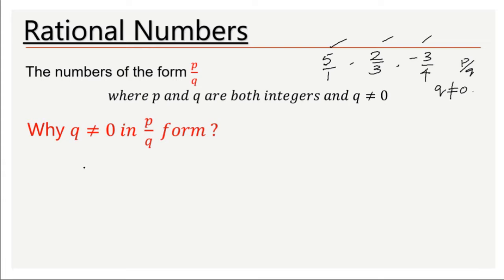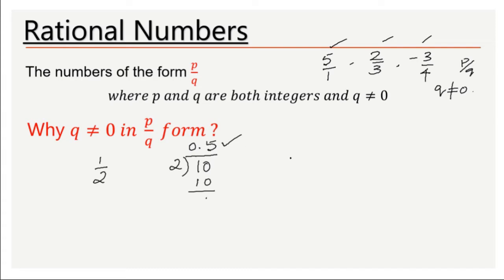We have learned that a number 1 upon 2 is 2 divides 1. When we divide 1 by 2, we get something like 0. It becomes 10. 2 fives are 10. We are going to get 0.5 as a quotient.